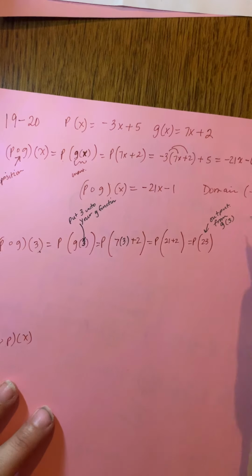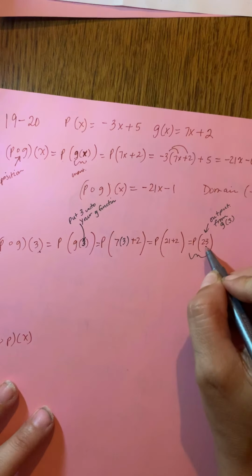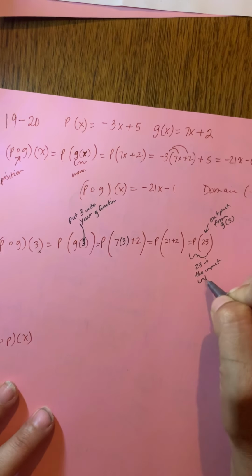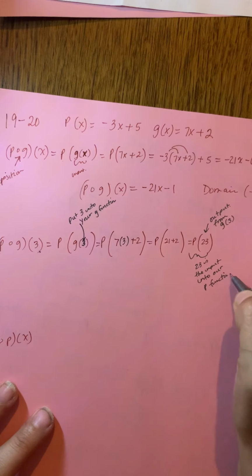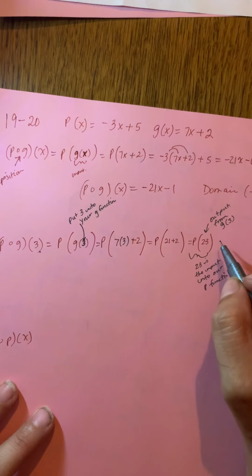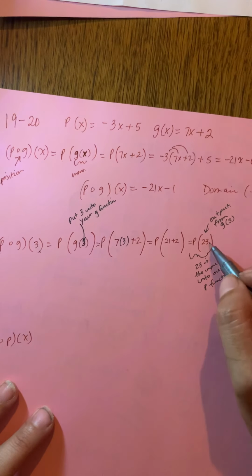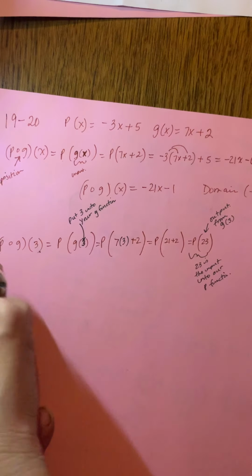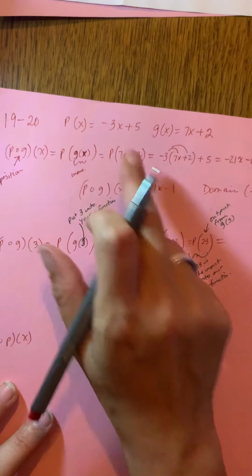G of 3. So now look at this notation. P of 23 would now imply that 23 is the input into our P function. So that 23 is actually playing dual roles. It's an output from the G function, and it's also the input into the P function. So now what does this look like? Well, my P function was -3x plus 5.